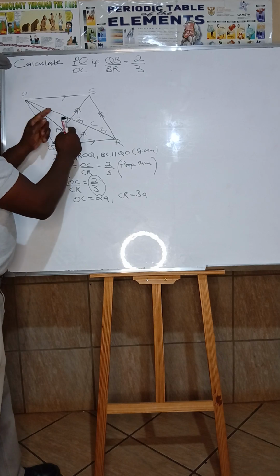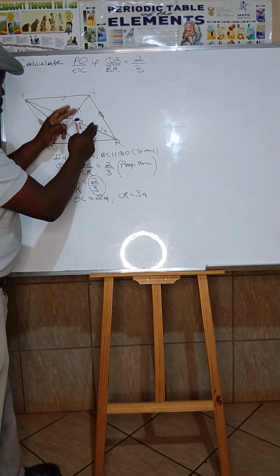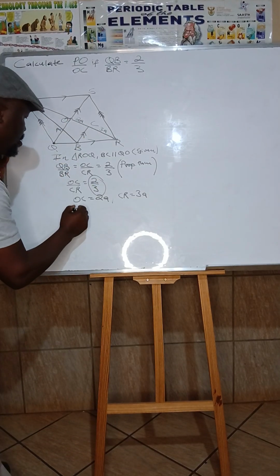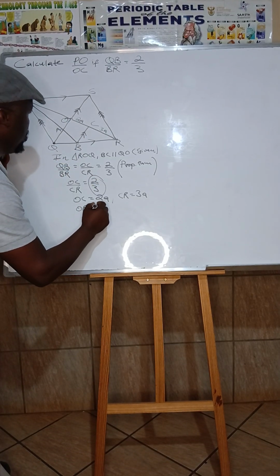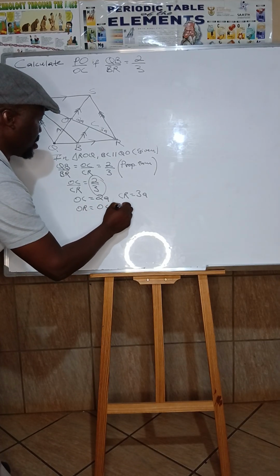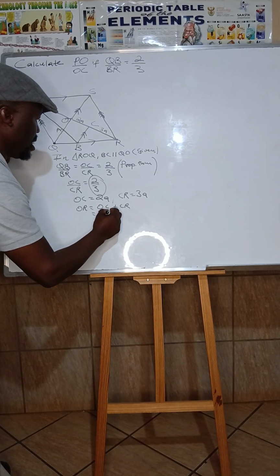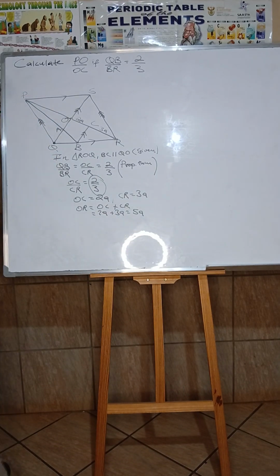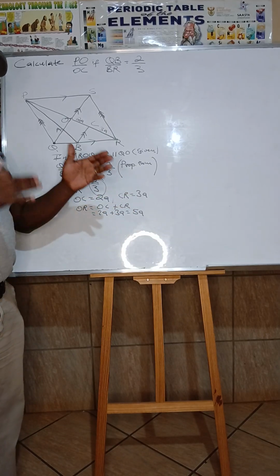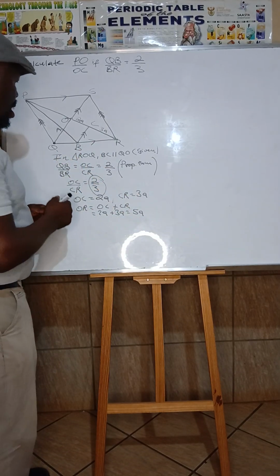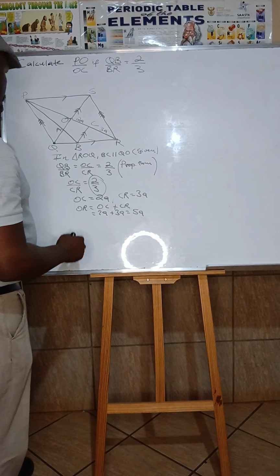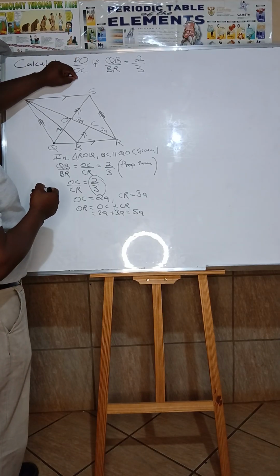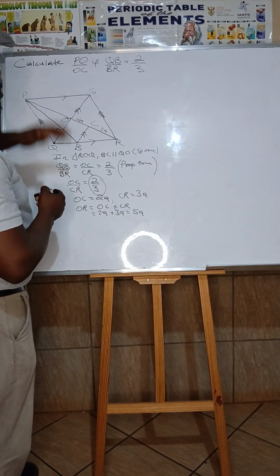Now let us look at OR. If OC is equal to 2A and CR is equal to 3A, it means that OR is equal to OC plus CR, which is 2A plus 3A, giving us 5A. So OR is equal to 5A units. Going back to that instruction, it says calculate PO over OC if QB over BR is equal to 2 over 3.